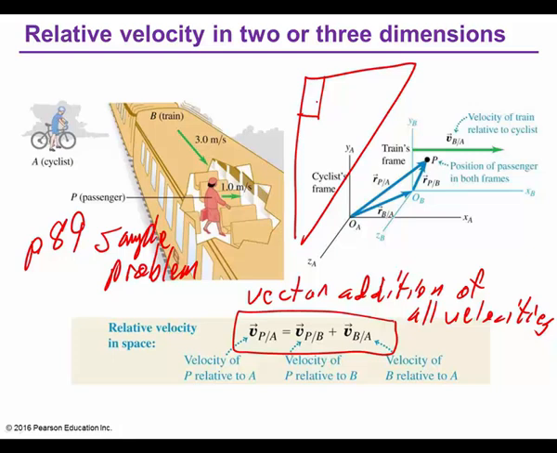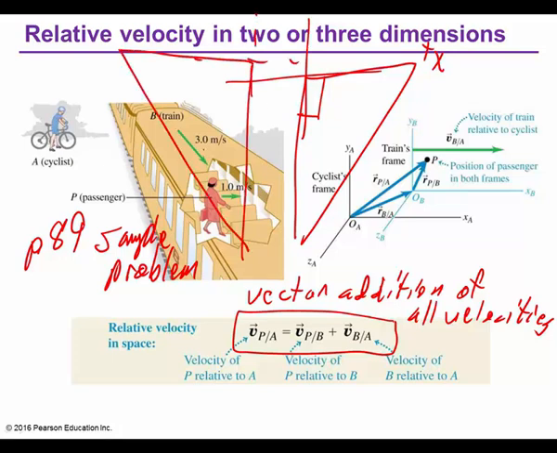And direction means everything. Remember your axis. This would be positive x. What if it was this way? Well, this is negative x.